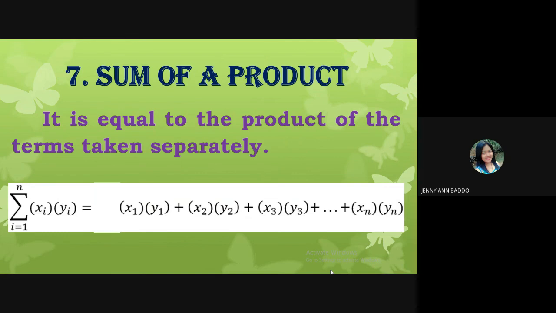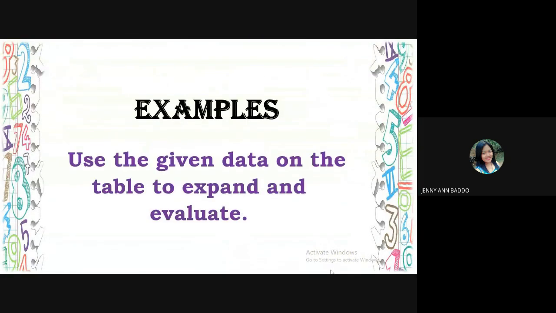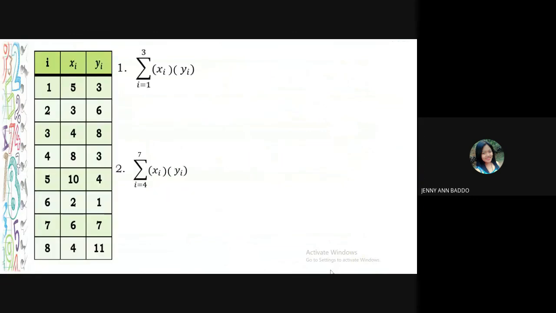Let us have examples. Use the given data on the table to expand and evaluate. First, summation of x sub i times y sub i, where i ranges from 1 to 3.